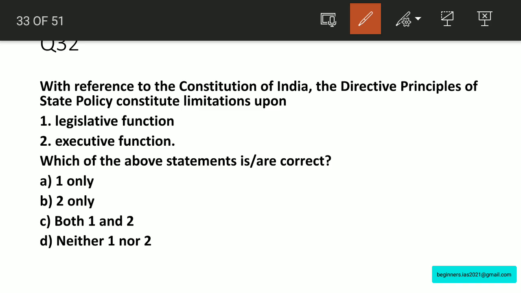They are not legally enforceable by the courts for their violation. Hence, they do not constitute limitations upon legislative or executive functions. Therefore, both the statements are wrong with respect to directive principles of state policy. Therefore, neither 1 nor 2 is the right answer for this question.